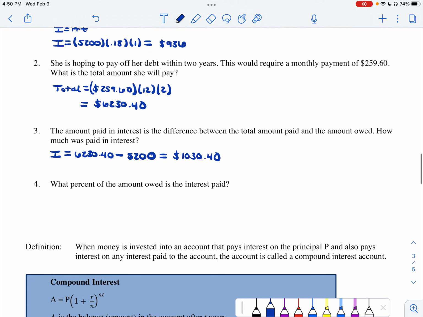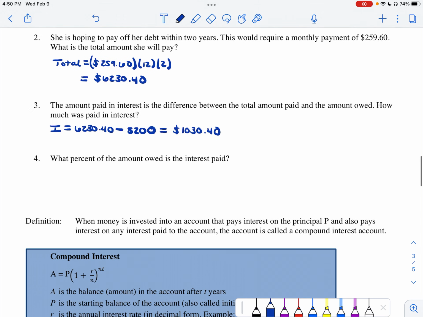All right, so then the last question says, what percent of the amount owed is the interest paid? So basically that's telling us amount owed goes on the bottom, interest paid goes on the top. The interest paid we just found was $1,030.40.